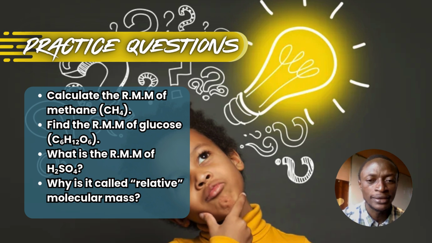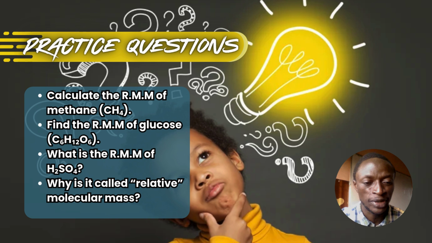Okay, having done so much on the topic relative molecular mass, and I've shown you some of the steps we can use to calculate the relative molecular mass, here are some practice questions for you, and they are: 1. Calculate the RMM of methane. 2.